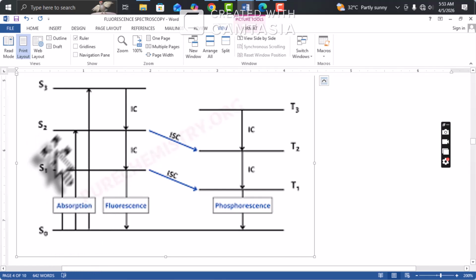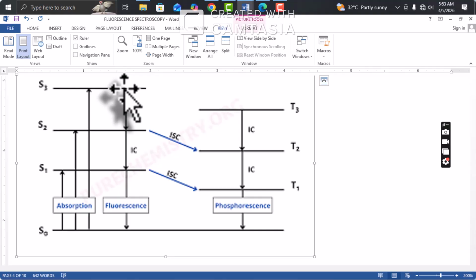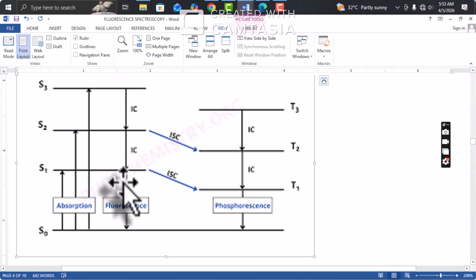So when the electrons are excited, due to vibrational rotation, the electrons lose energy and then they fall back to the ground state.